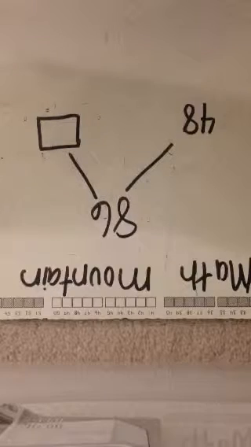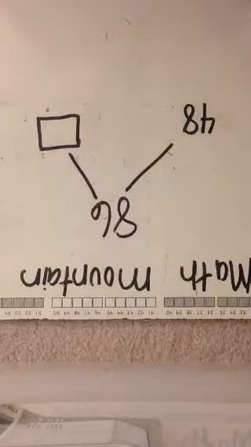So when we're using the adding up strategy, we're going to set it up a little bit different. We have our math mountain here. The next step is to use the adding up strategy.